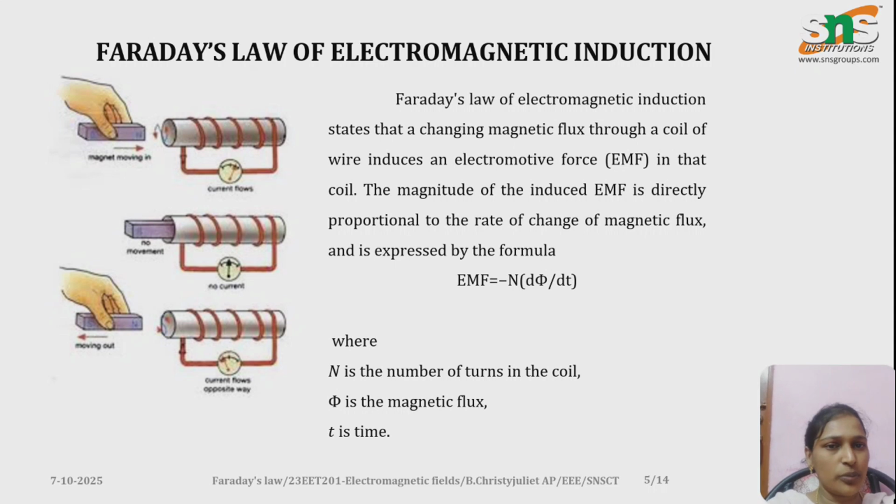When we remove the proportionality, we need to introduce a constant, so EMF equals minus N d phi by dt, where N is the number of turns of the coil. The induced EMF is pictorially represented here. While moving the magnet near the coil to and fro, there is an induced EMF which is found through the galvanometer.